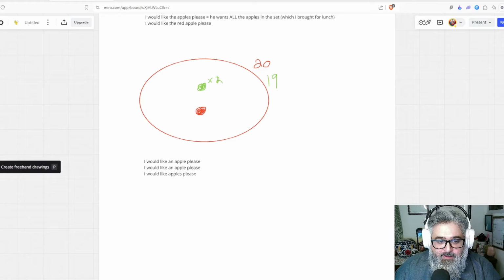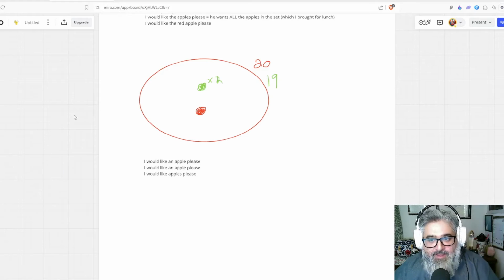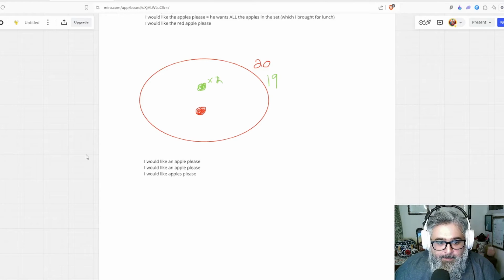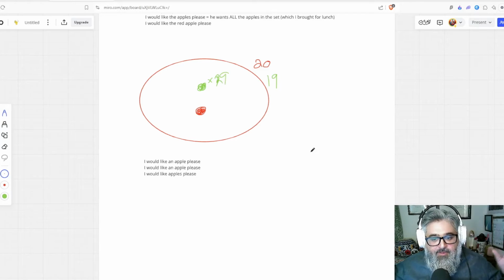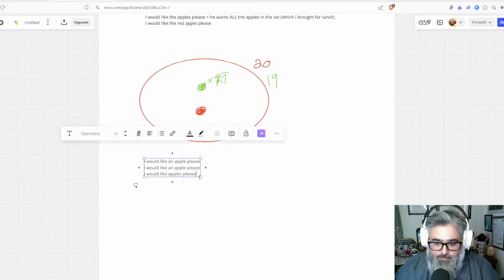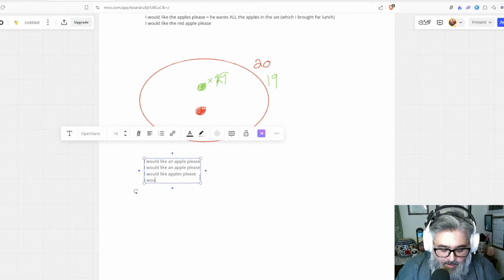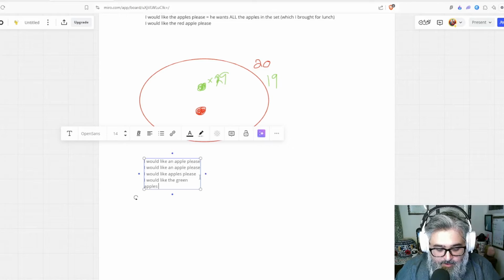And then just to hit home that point, what would happen if you want the entire set again? If he wants all 19 apples, what's he going to say? I would like the green apples, please.